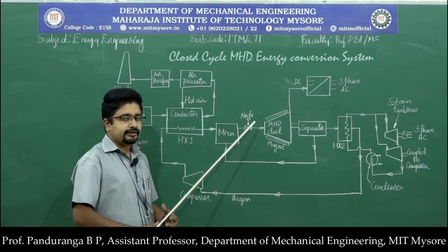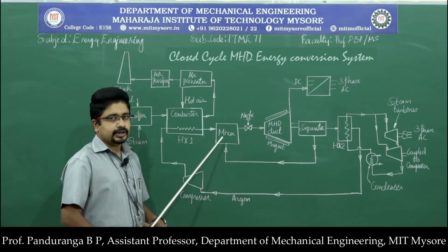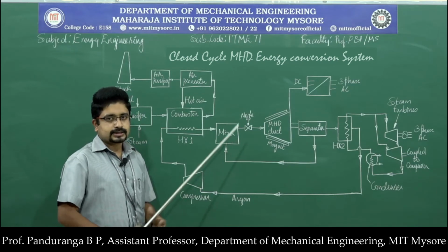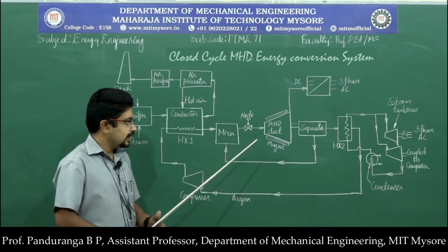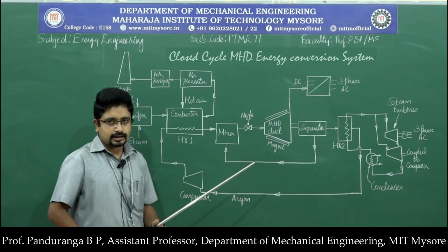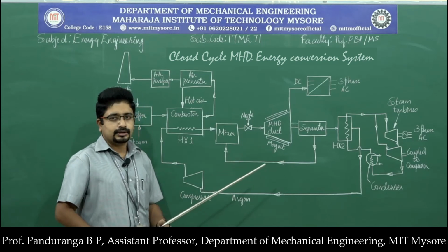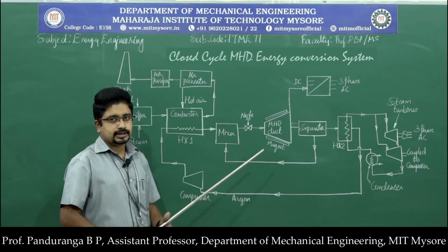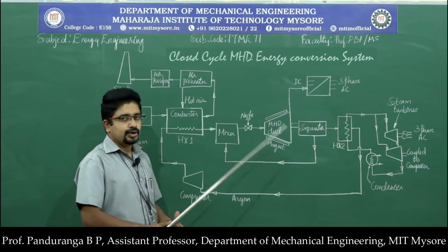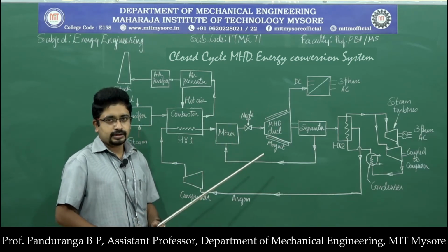Now we have very fast moving argon gas which is seeded with charged particles such as cesium particles, and when that passes through the MHD duct, here we are applying a magnetic field perpendicular to the direction of flow of gases, and there will be two electrodes which are perpendicular to the magnetic field.